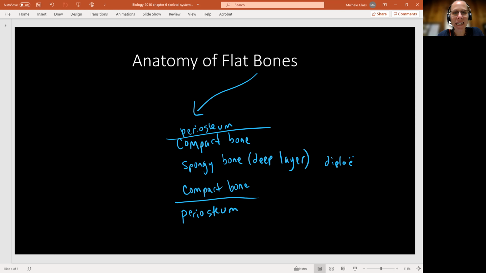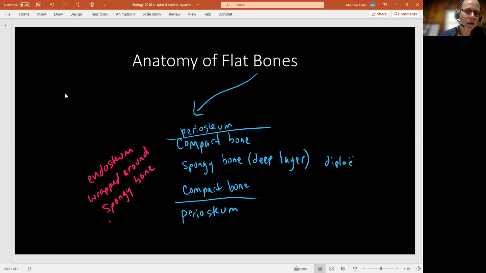Remember too that the endosteum would still be wrapping. Let's make a note. Our endosteum is still wrapped around your spongy bone and lining, I'm just going to say collectively, passageways of the compact bone. And remember, that's talking about both central canals and any perforating canals and any additional structures.